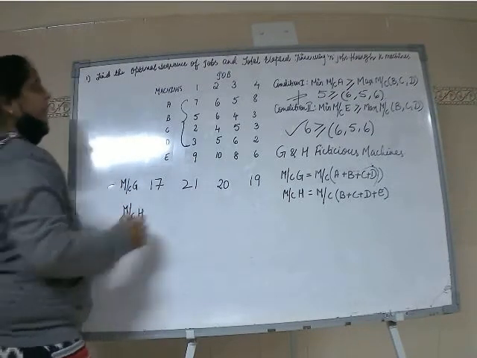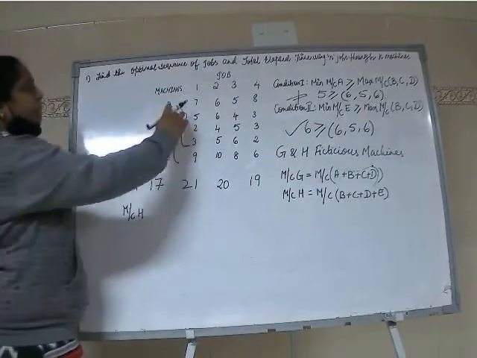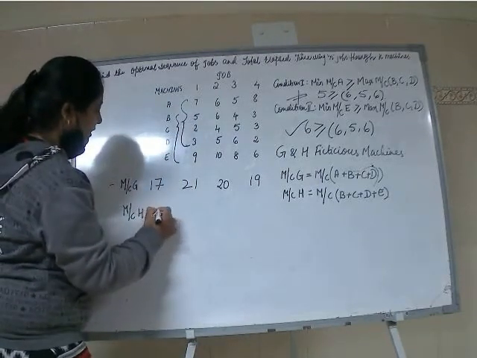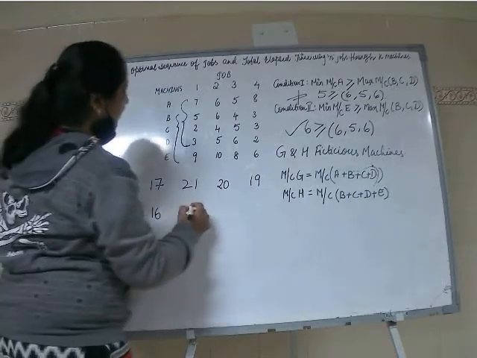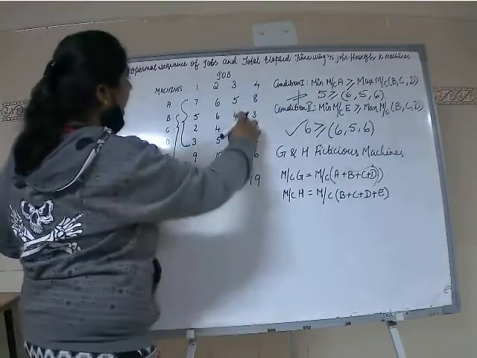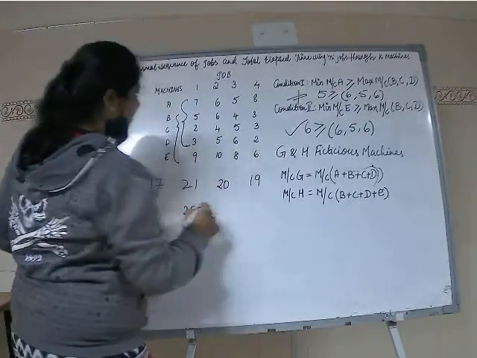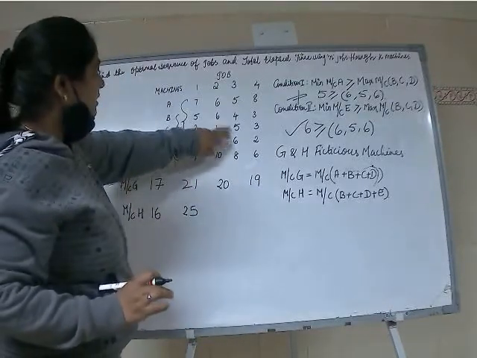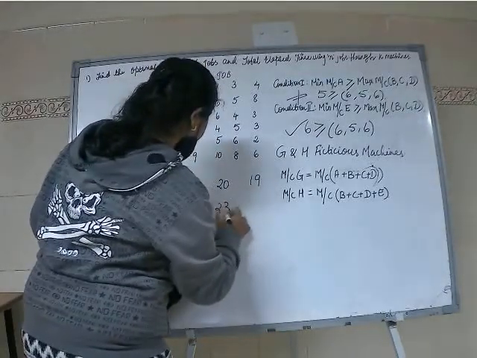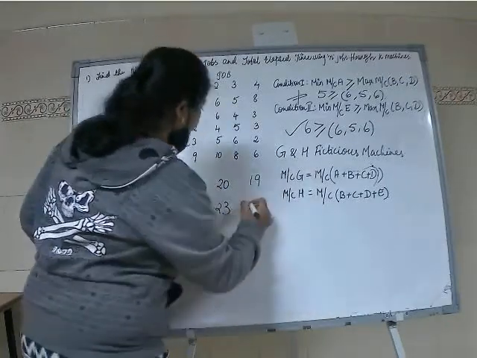Okay students, then the machine H values. How do you calculate machine H? That is from B to E. You have to add from the B value till the E value. So here it is 16, then here it is 25, here it is 16, then 23 and the last is 14.